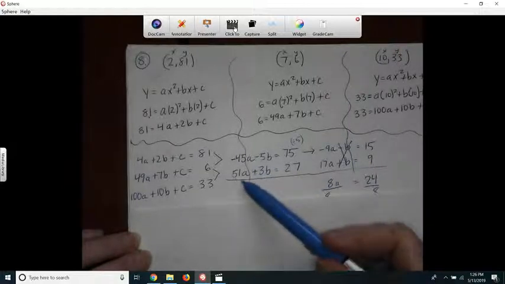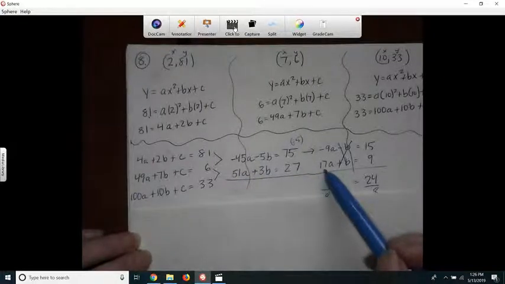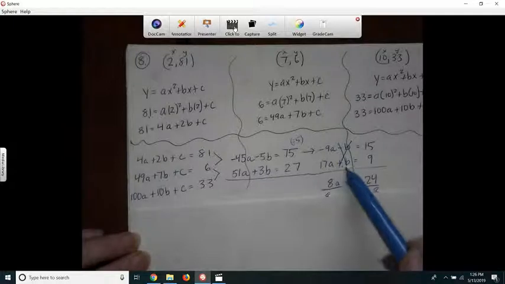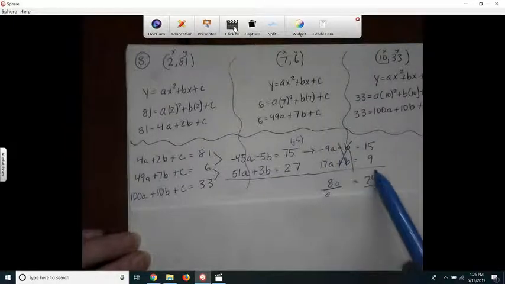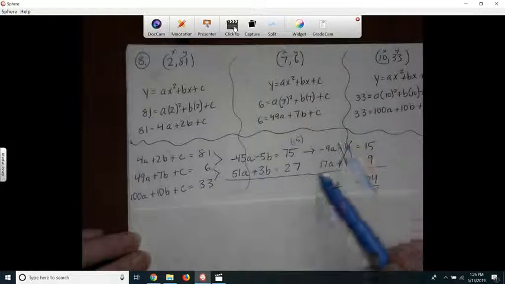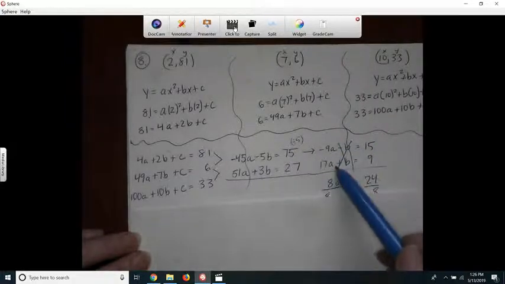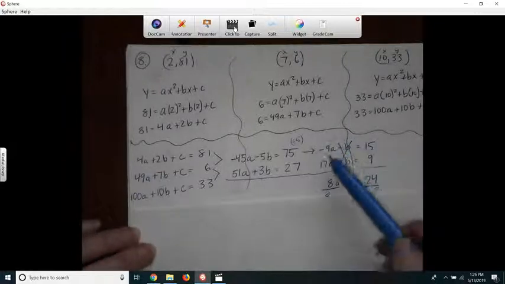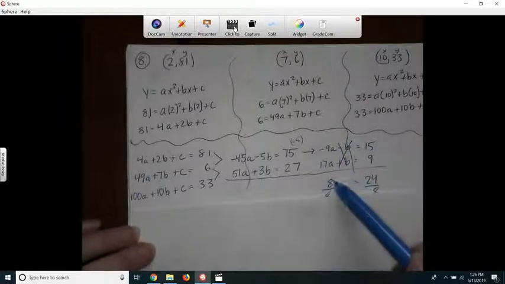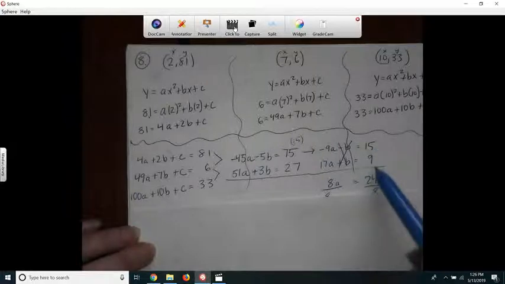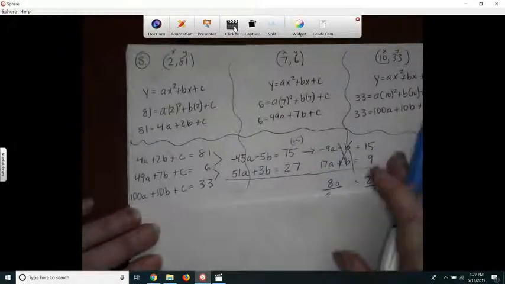These other ones I could divide by 3, which gives me 17a plus b equals 9. I still have 2 equations and 2 unknowns, but look at my b's: I have a negative b and a positive b. So they cancel out, I add these together and got 8, add these and got 24, and divide by 8.